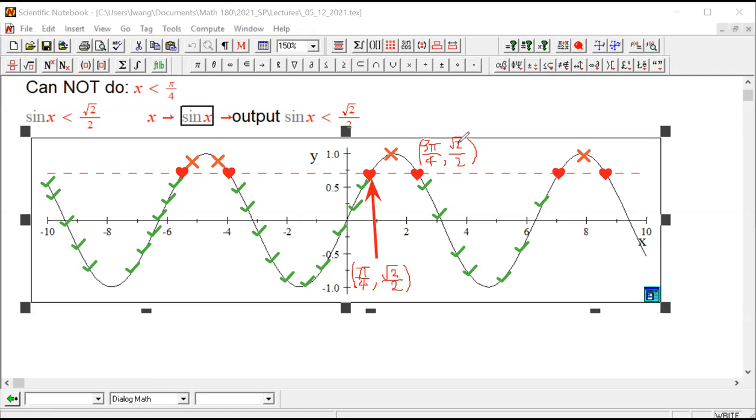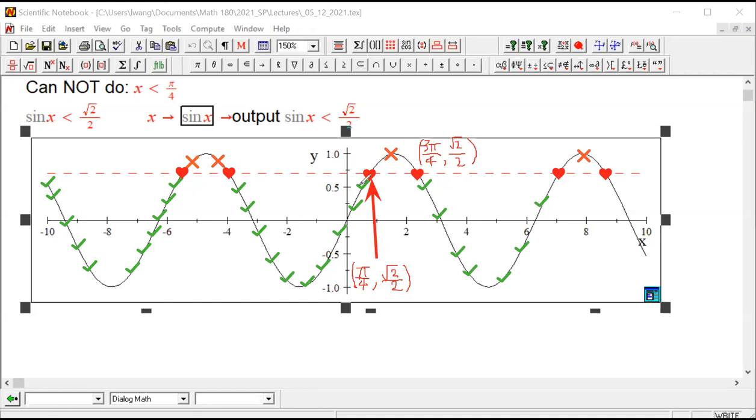But we're still exploring that relationship. So now, this is one period. And how about this point? 5 pi over 4.